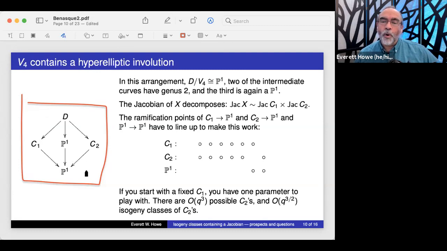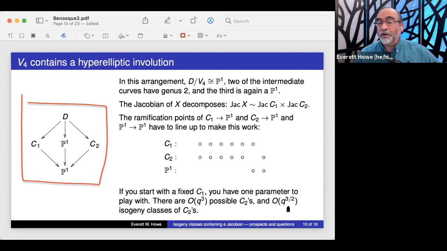And one issue is that if you, again, start with your favorite C1 and you're hoping to get your favorite C2, it's unlikely to work because there are about Q cubed possible C2s and you only have 1 parameter to play with. So you're likely not going to be able to take your 2 favorite genus 2 curves and put them together. Or you might only be worried about isogeny classes.